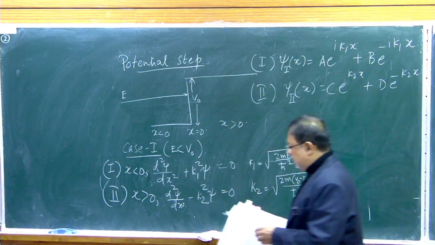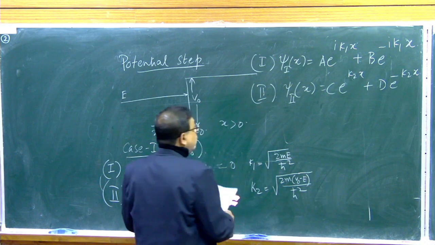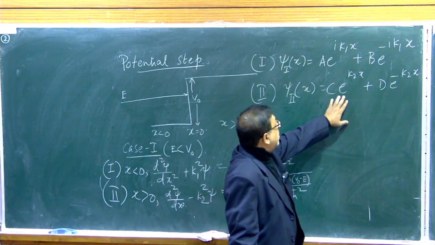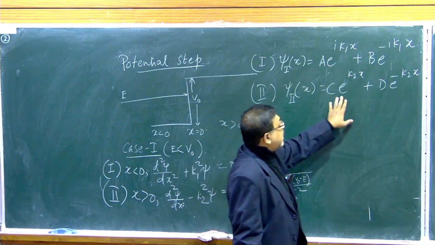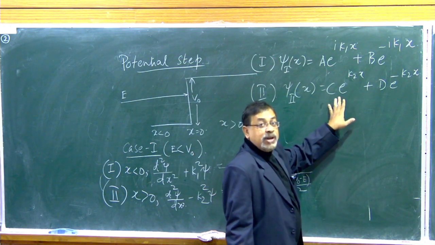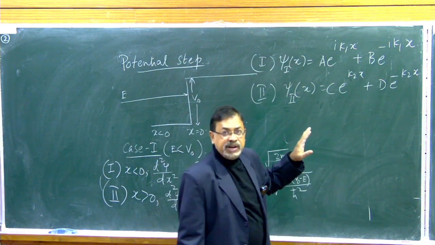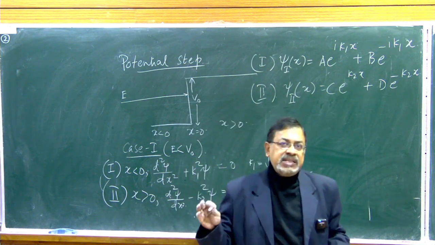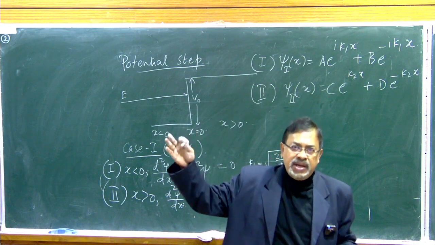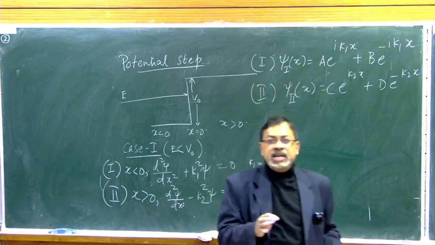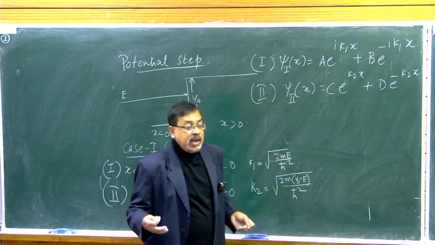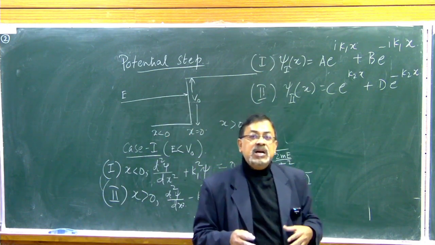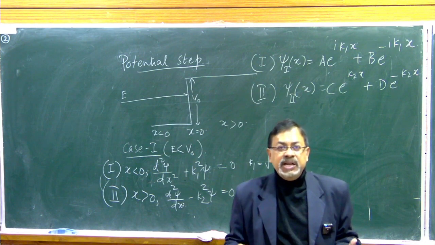Okay. All right. So now what happens is that this part is a solution that will blow up at x equal to infinity. So if there is an exponential function which at x equal to infinity will keep growing, such a solution is very bad for us. Why? Because it doesn't help in the normalizability of the probability.